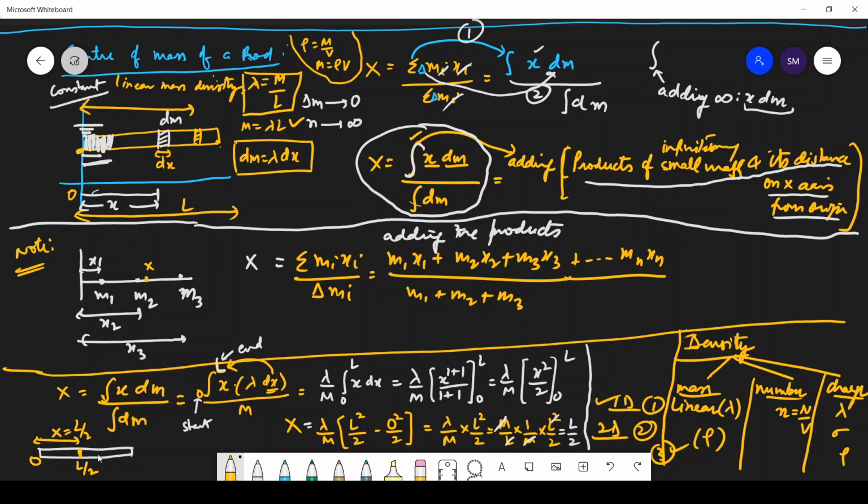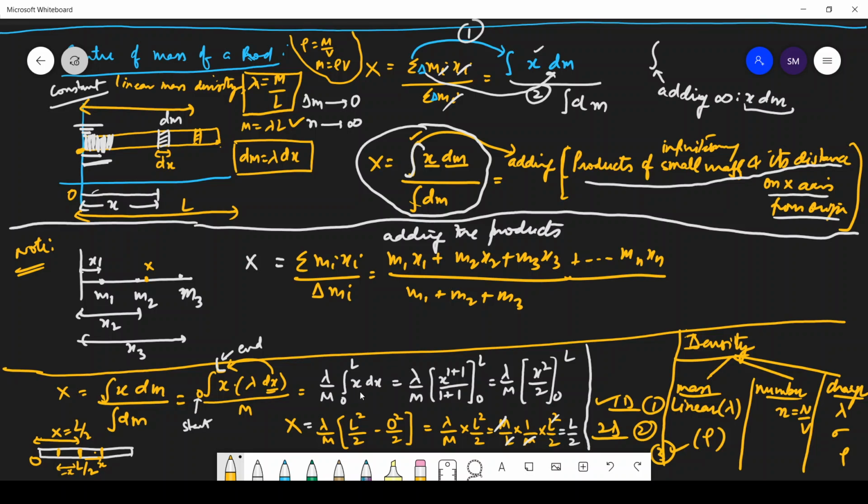And there is another way you can discuss that center of mass, like if there is any dm on the x side, there will be another on the minus x side. You can discuss it like this. Another way of writing L by 2, suppose this way, when you are moving this side, this is minus x, when you are moving this side, you will be plus x, so you will have same mass dm here and same mass dm there.